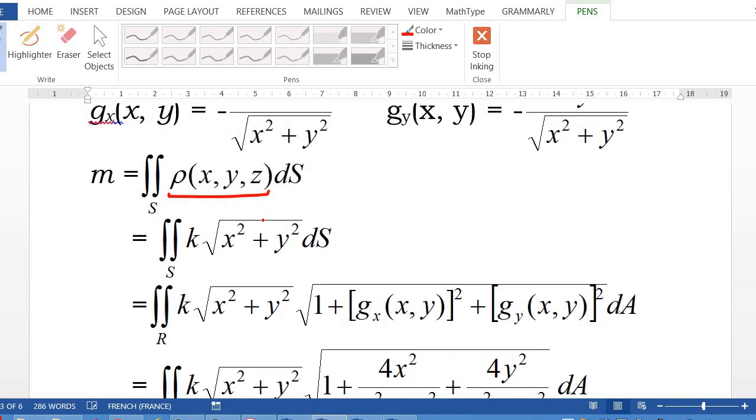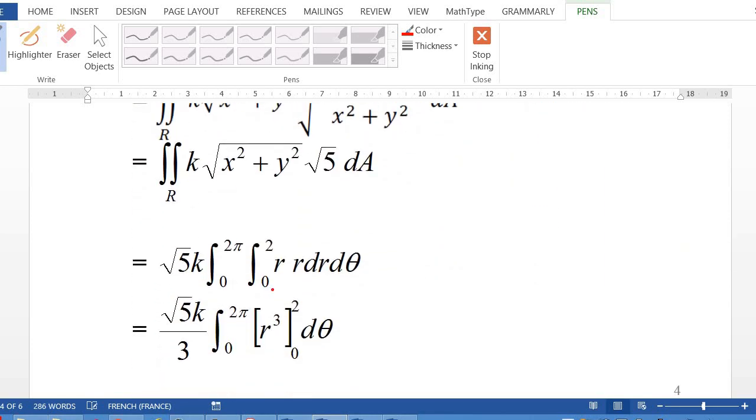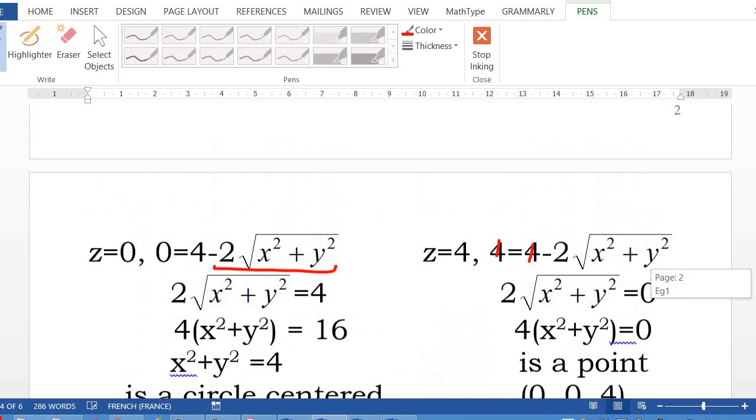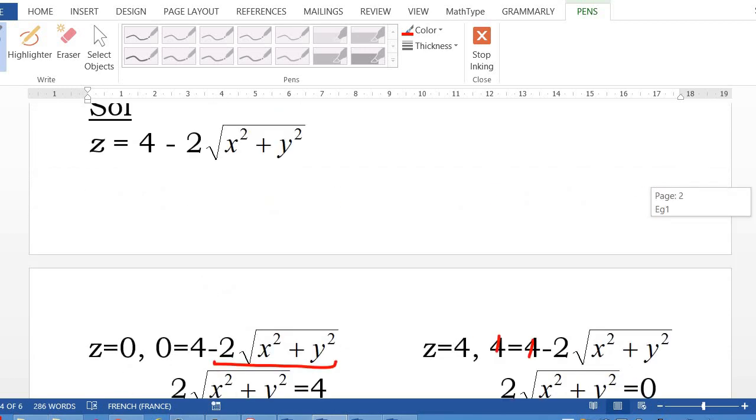Okay, so you already have rho(x, y, z) equal to k times sqrt(x squared plus y squared), and dS. One unit of surface area is given by sqrt(1 plus gx squared plus gy squared) dA over region R. The region R is a circular area, a full circle with radius 2 units.